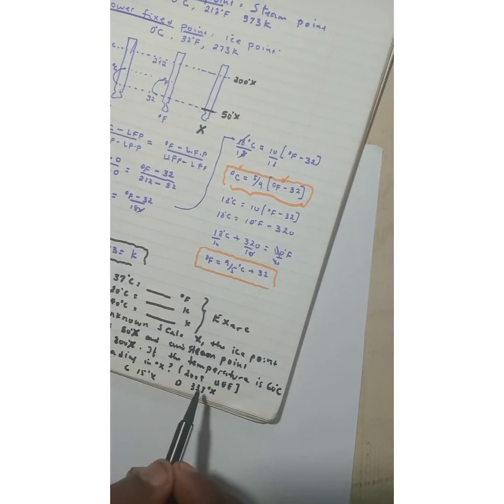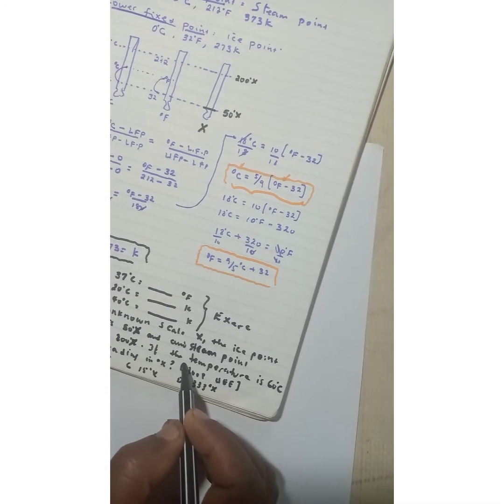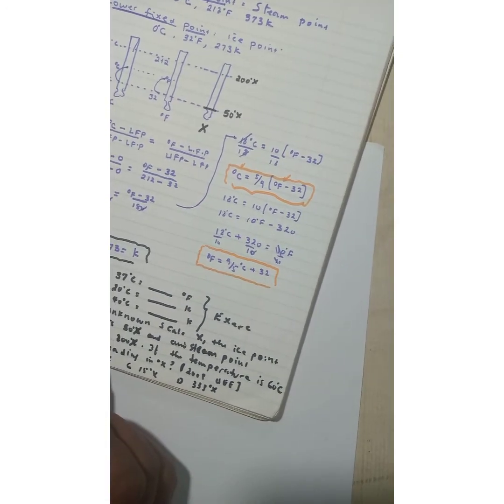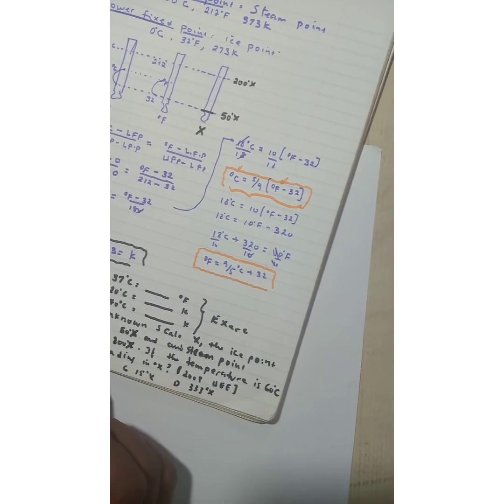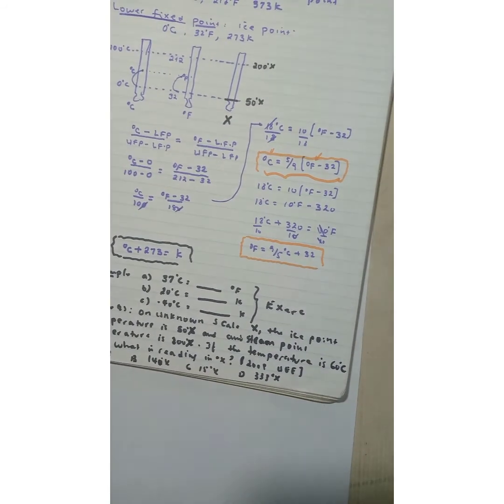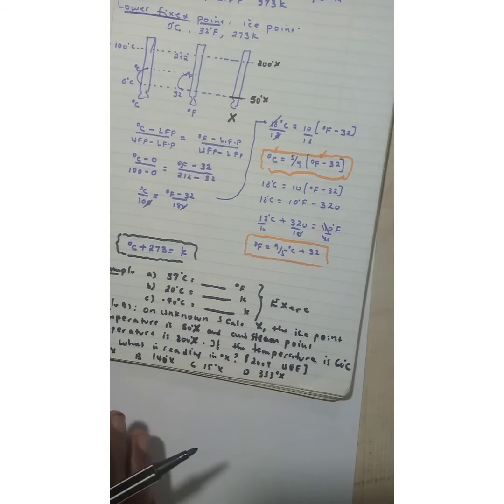This is a 2009 entrance exam question. A, 90 degree X; B, 140 degree X; C, 15 degree X; D, 33 degree X. Solution.